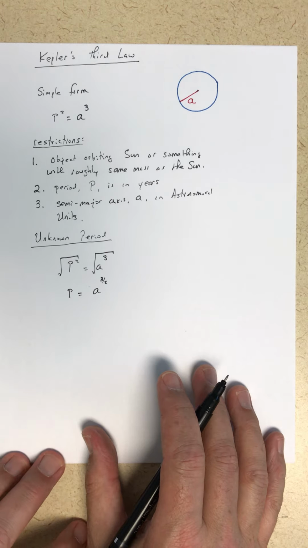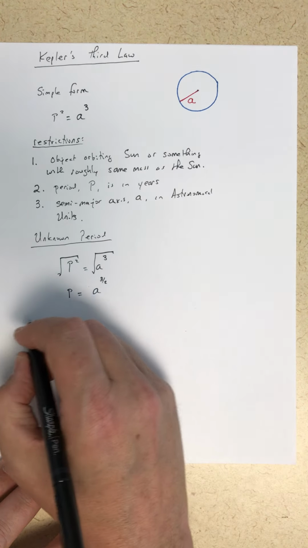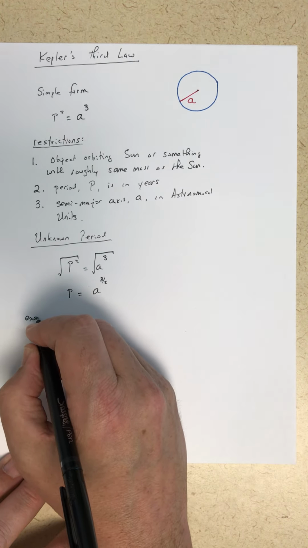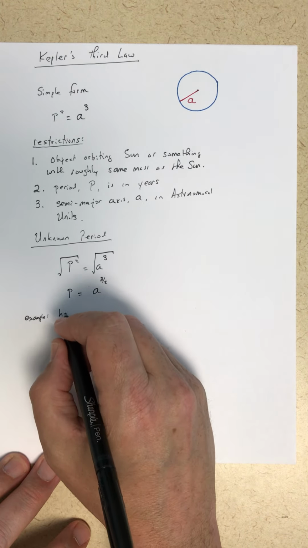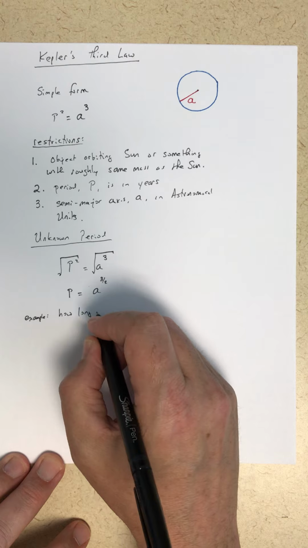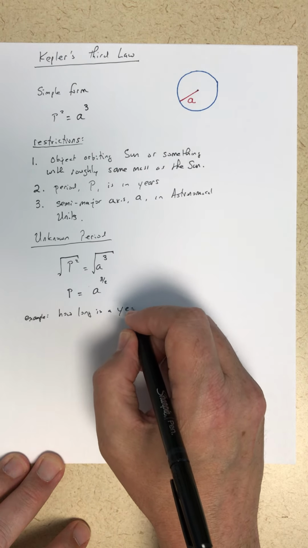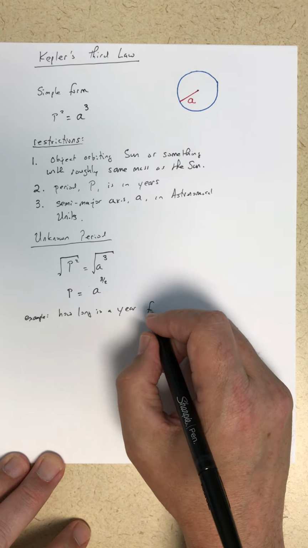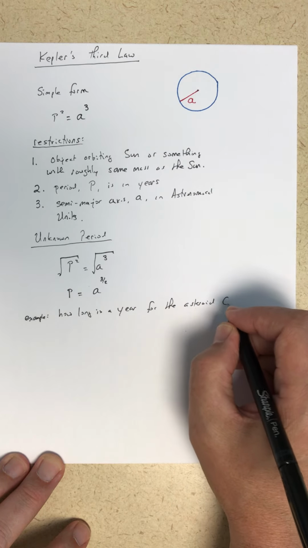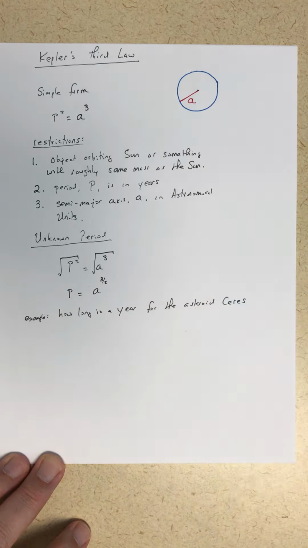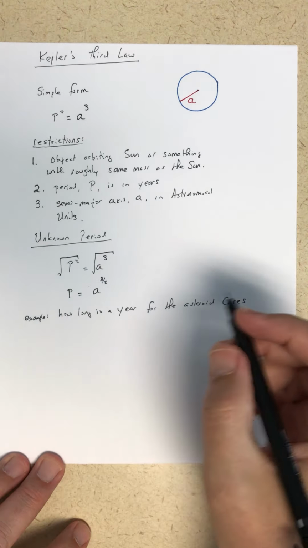So an example. How long is a year for the asteroid Ceres, the largest of the main belt asteroids?